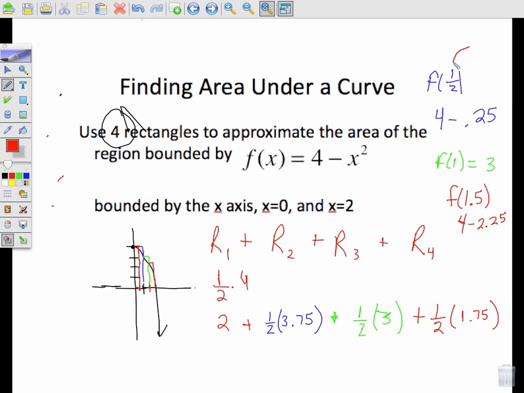Each of these values, when I evaluated at 1/2 and at 1, represents how high the function is, while these are the x values. When I simplify all of this, I get an area equivalent to 6.25.